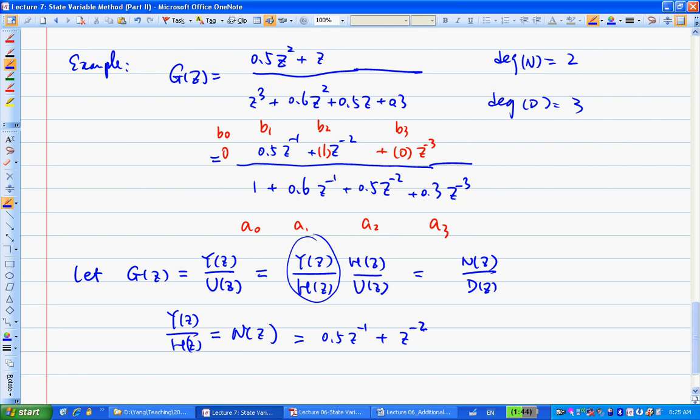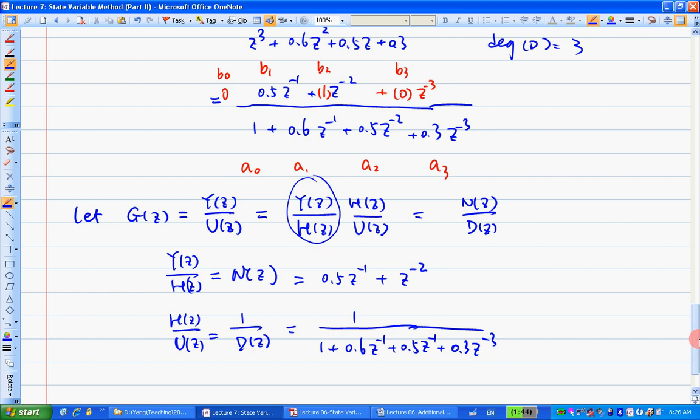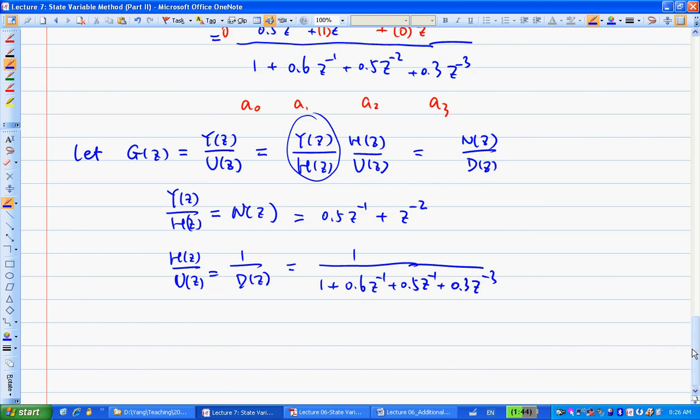Then we let H of z over U of z equal to 1 over D of z. Nothing changed, it's just for the purpose of building this simulation diagram. That gives us 1 over 1 plus 0.6 z to the power negative 1, and so on. This is pretty straightforward.